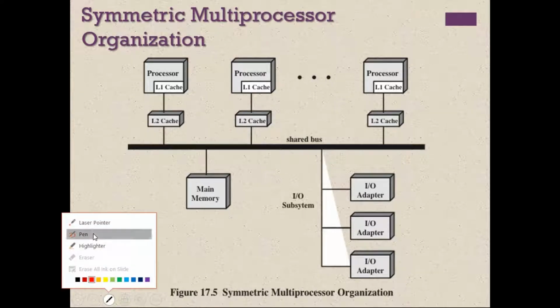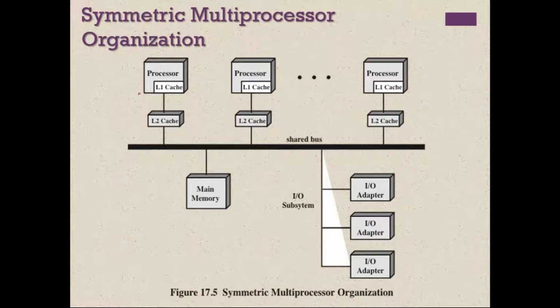So what is the cache coherence problem? Say there is a particular line, line X, available in the L1 cache of this processor. Say this line X is available in the cache of this processor also.